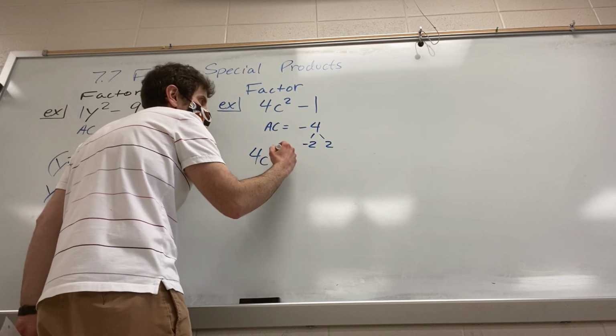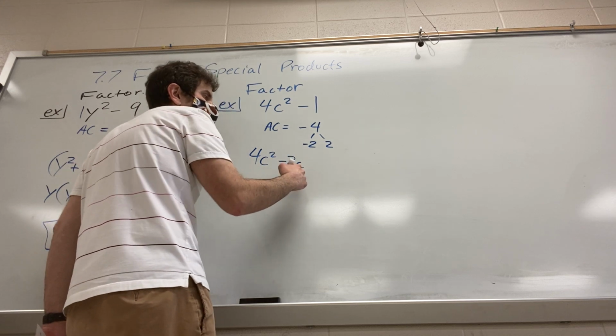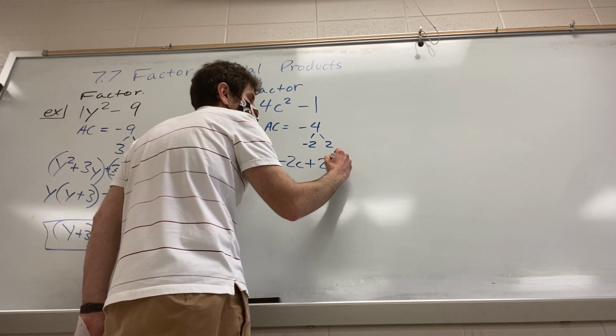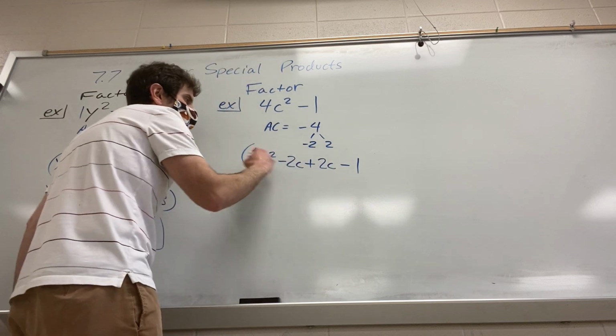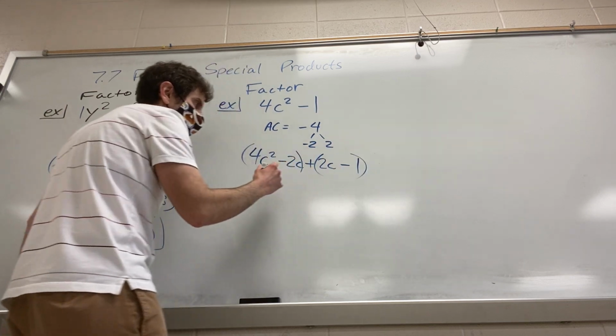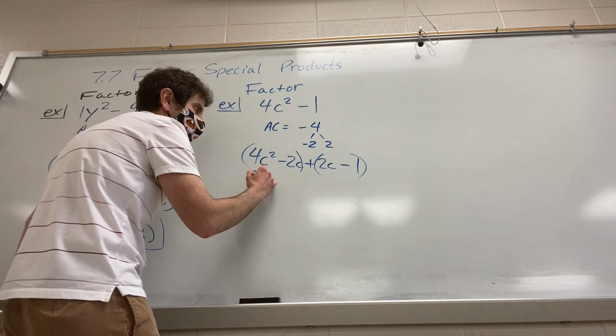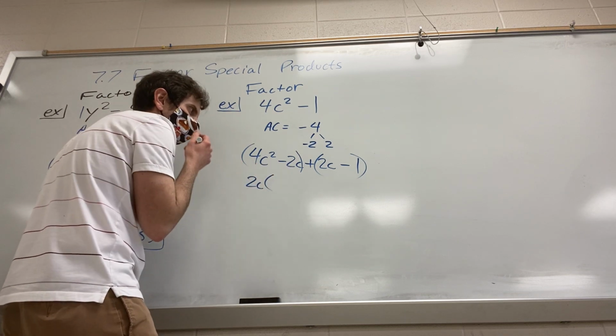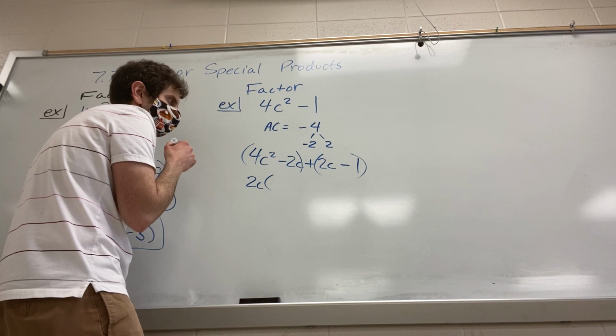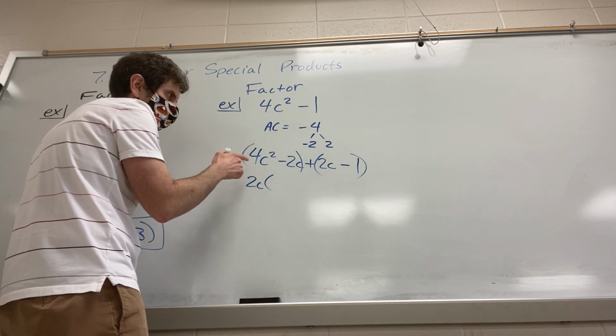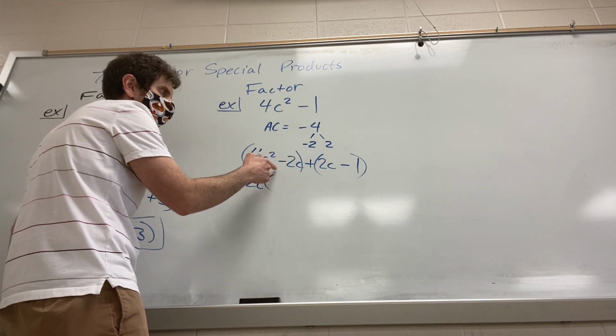Split up the middle term. Make them c's. Factor by grouping. What do you factor out here? A 2c. What does that leave behind? 2c minus 1, I think, right?